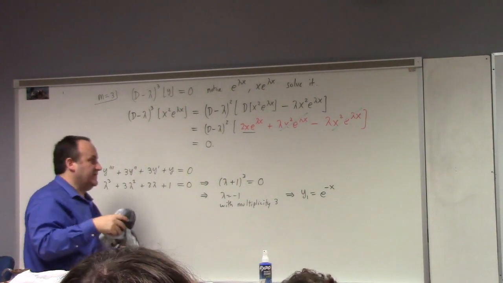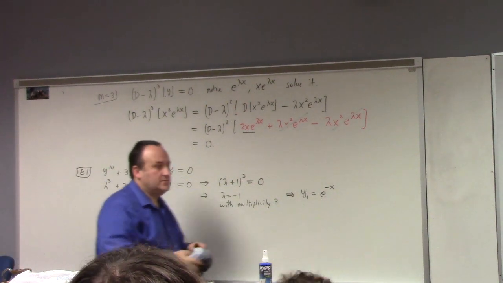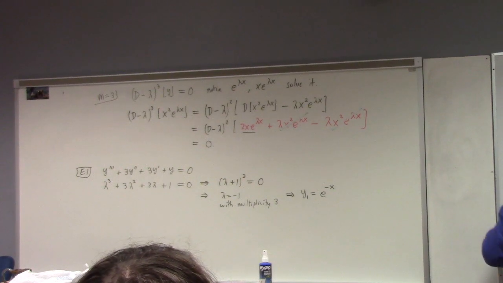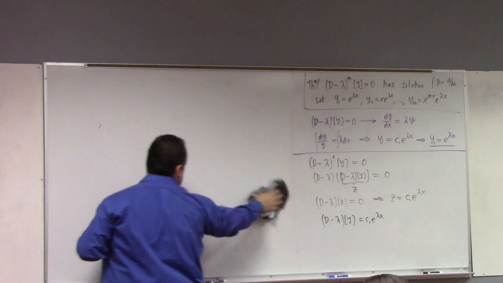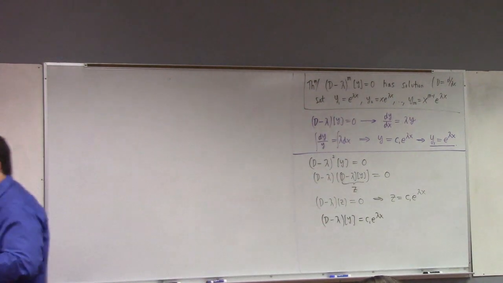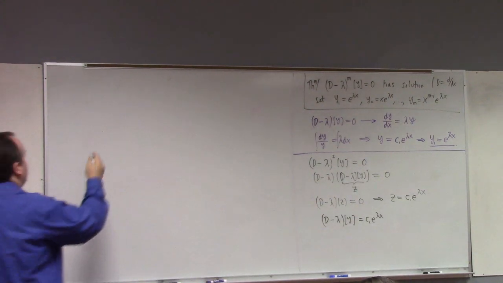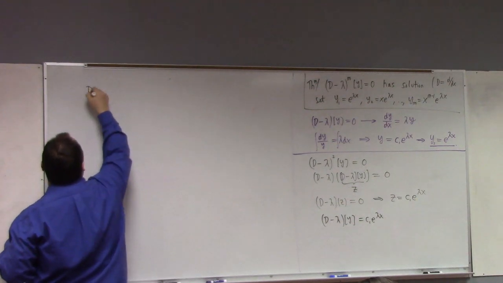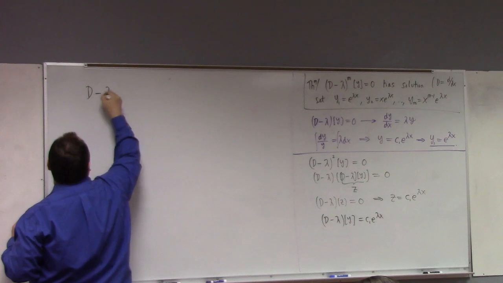Can we continue this calculation for higher order? I'll do it here. Suppose we have the kth power of d minus lambda.